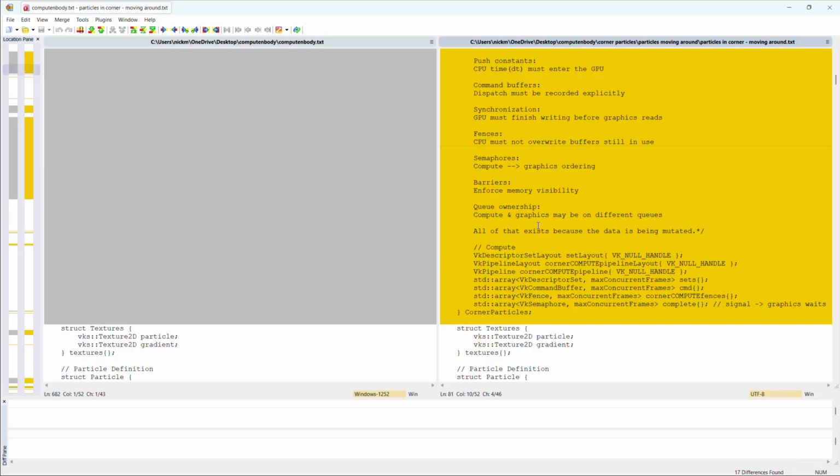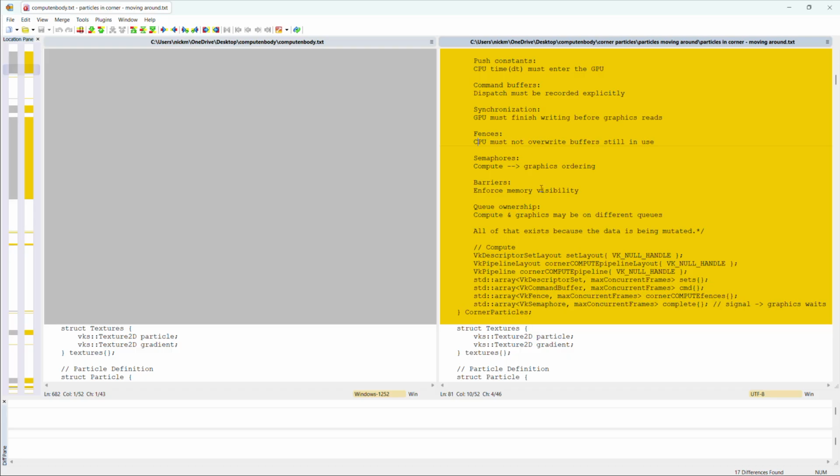So we set up our compute variables, right? Still part of our struct, we have a descriptor set layout variable. We have a pipeline layout variable. We have a pipeline, we have descriptor sets, we have command buffers, and we have fences and semaphores, right?